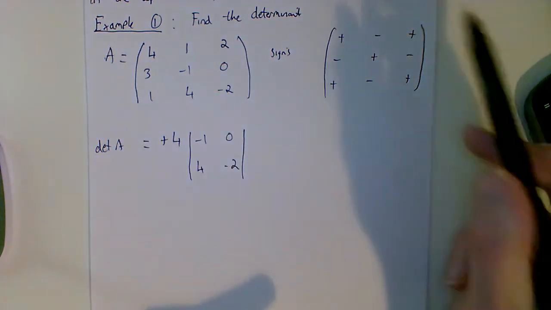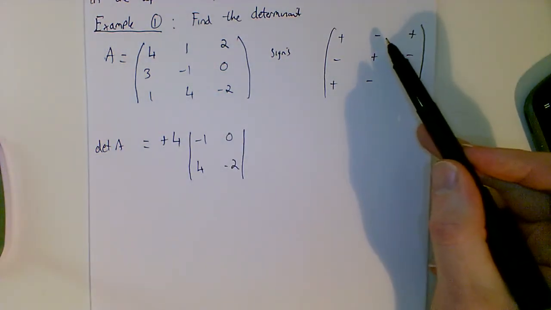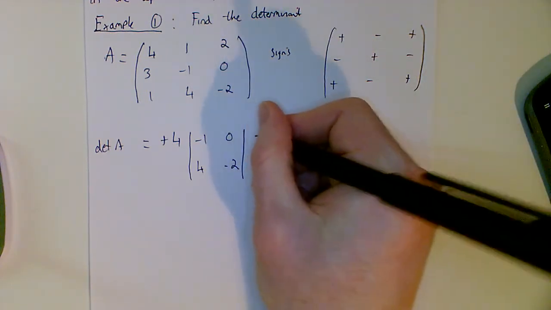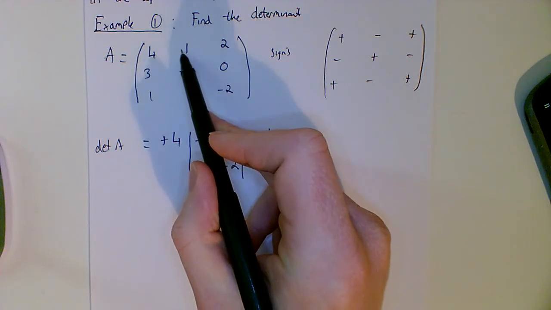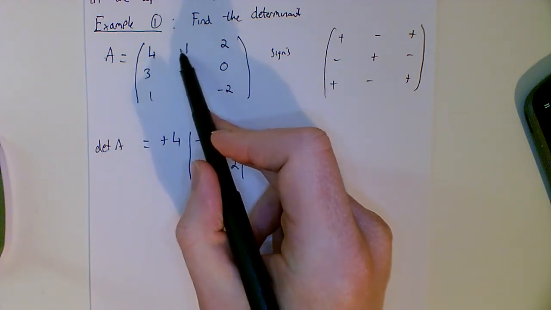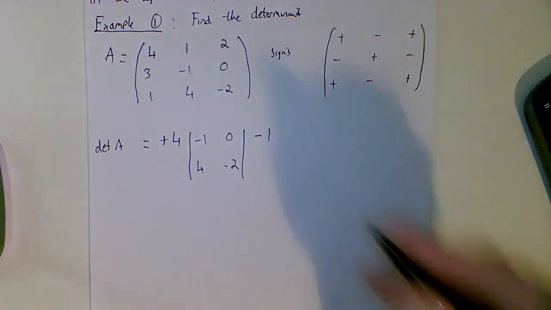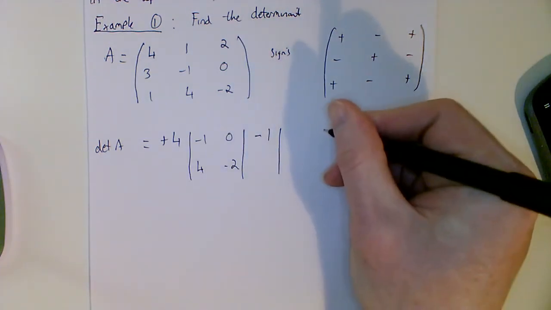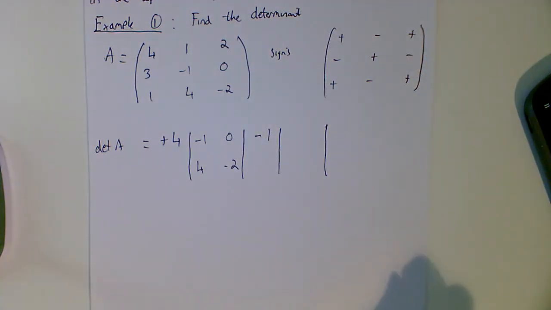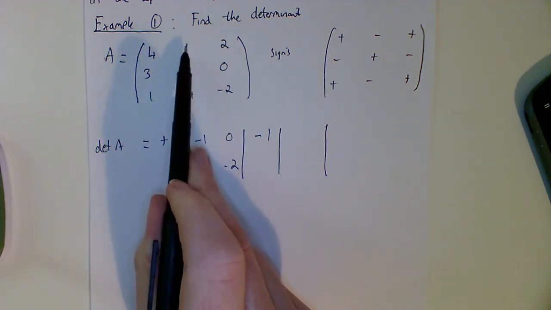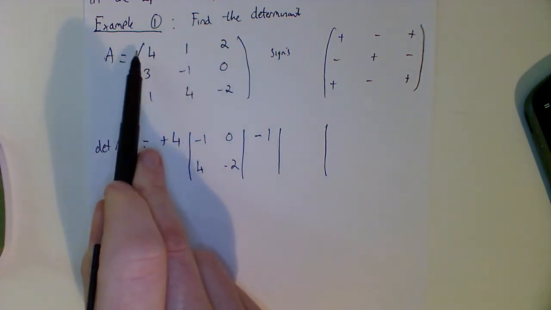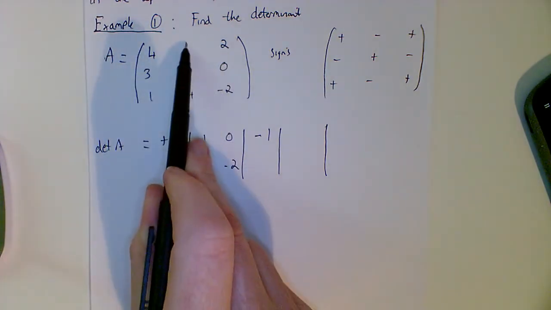Okay, then the matrix of signs tells me that when I expand across the top, that element there becomes negative. It just changes the sign of it. And then again, I'm expanding this element here, so I don't want anything on its row or on its column.